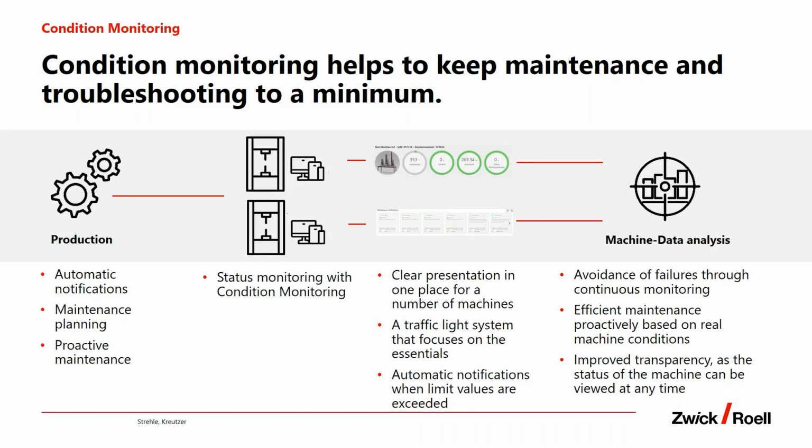And now with condition monitoring, because there's also an email alert inside, he knows immediately when an overload is happening. At that point, he's getting the information, and then he can plan the next step, what is possible then.